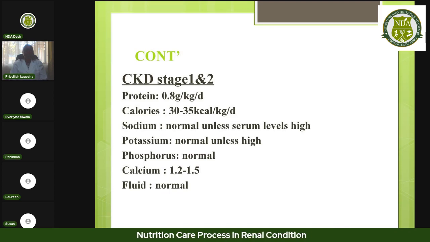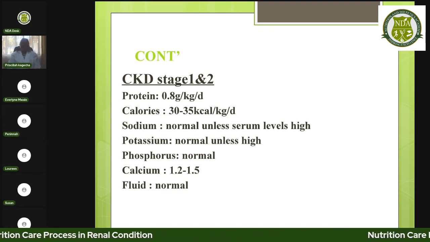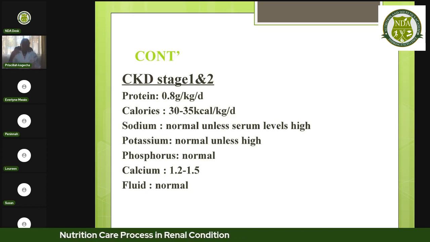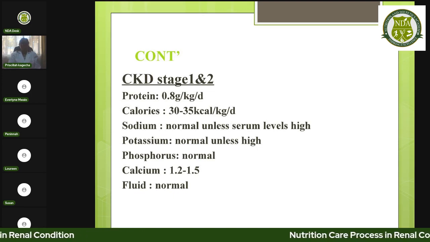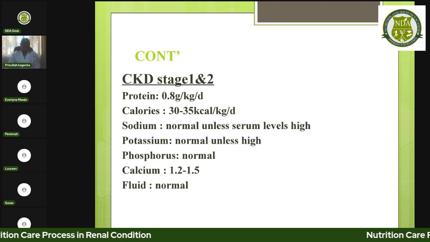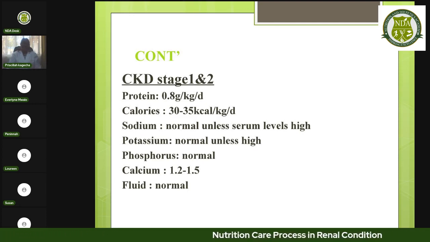For sodium, normal use, potassium as well, phosphorus too, unless the patient is starting to have elevated sodium levels, potassium levels or phosphorus levels. For fluid, again, you won't limit unless the patient is having edema.